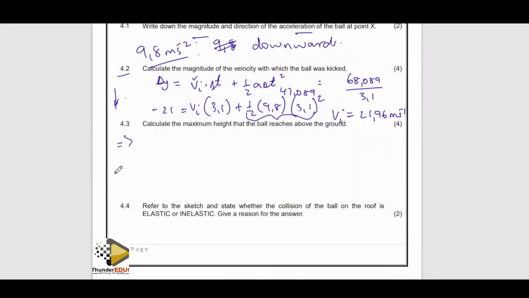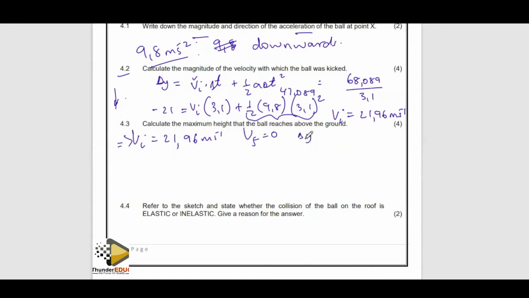And then calculate the maximum height that the ball reaches above the ground. Since the initial velocity we're focusing on is 21.96 meters per second, they want us to get the maximum height, and we said at the maximum height the final velocity must be 0.